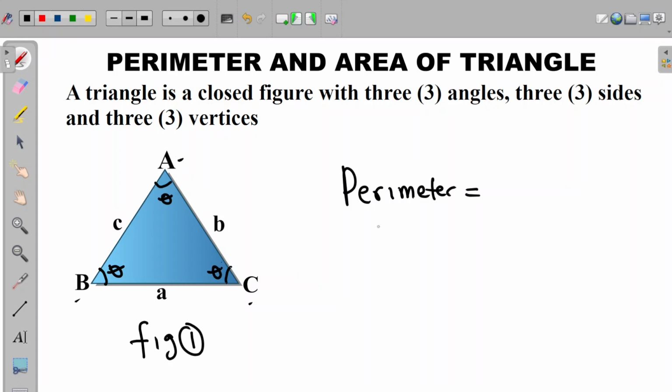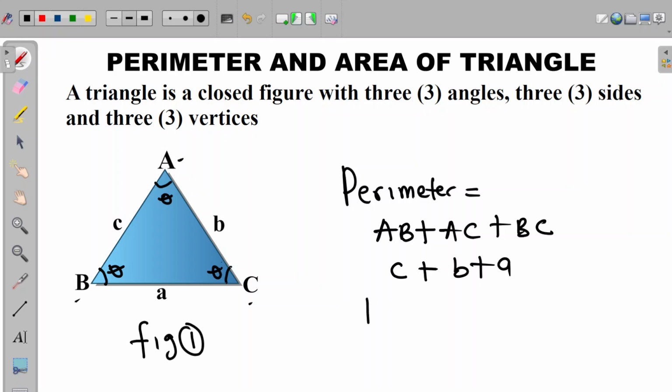So the sides we have are side AB plus AC plus BC, and AB is C, AC is B, and BC is A. So the perimeter of a triangle is given as A plus B plus C.